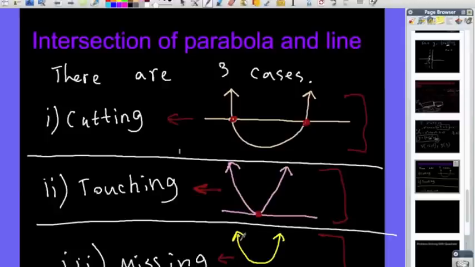There are ways to find out if the graph is cutting or touching or missing without graphing or sketching, and that way is by using the discriminant. So let me give an example.